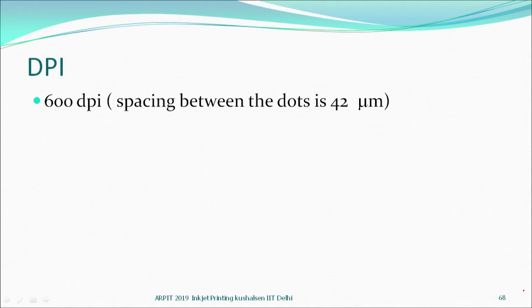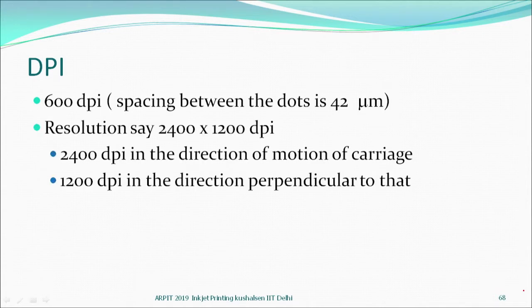If you increase this resolution further, say 2400 by 1200 dots per inch, that means 2400 dots per inch in the direction of motion of the carriage and 1200 dots per inch in the direction perpendicular to that.